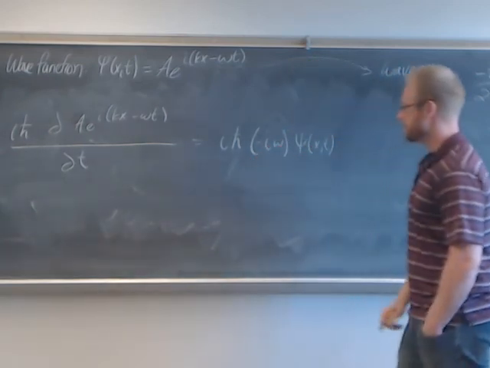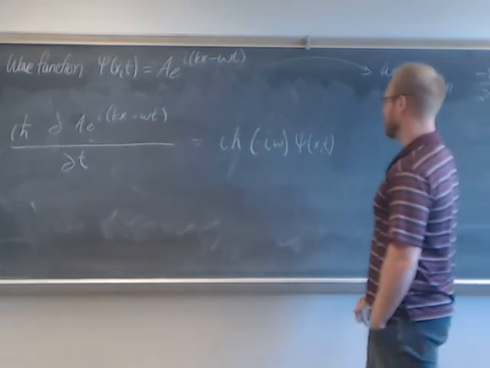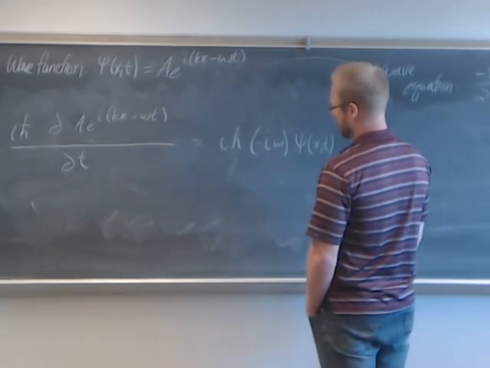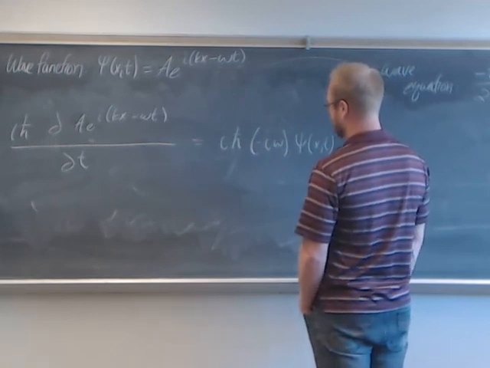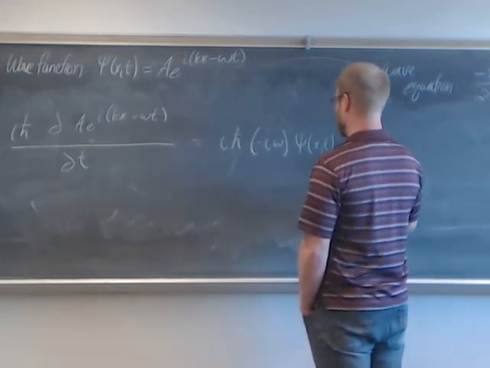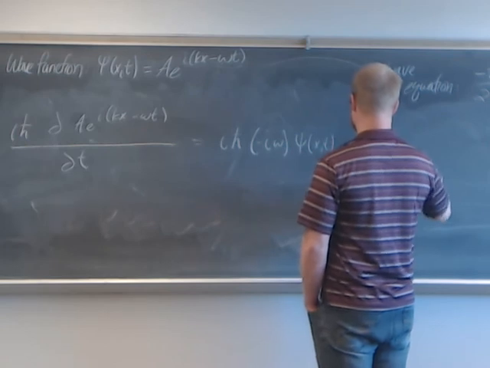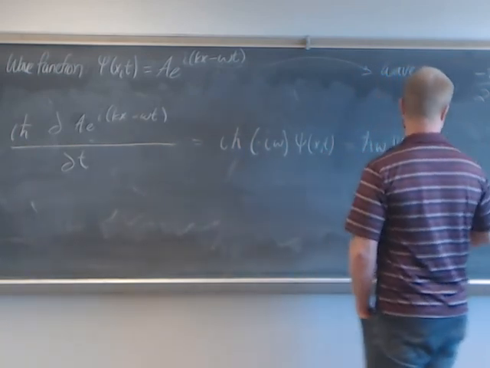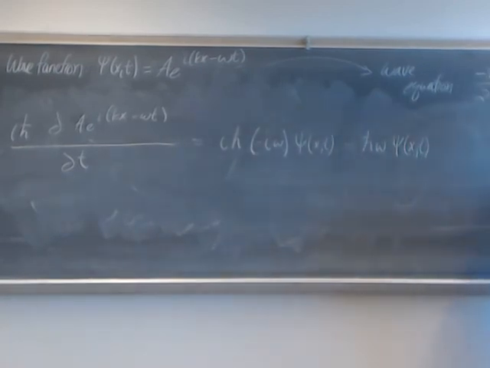Same thing we already had. So we multiply through, and the negative i's go away. We end up with a negative i squared, which is a negative 1. We get a positive number back, and we get ħω times ψ(x, t). So we end up with ħω ψ(x, t).